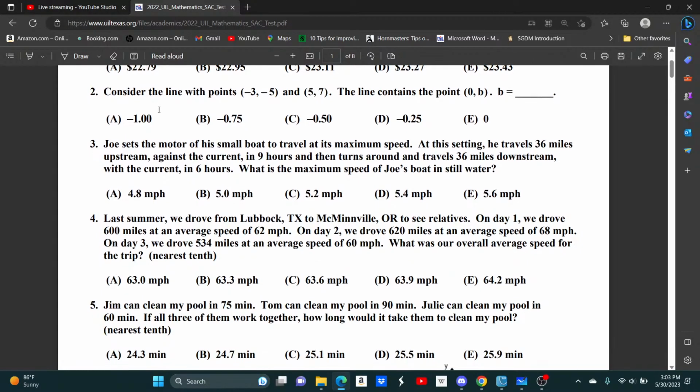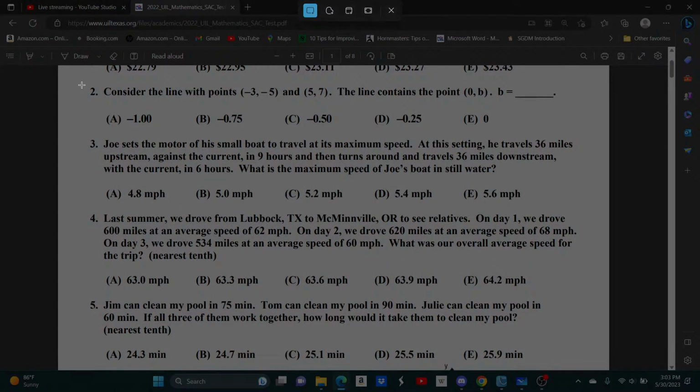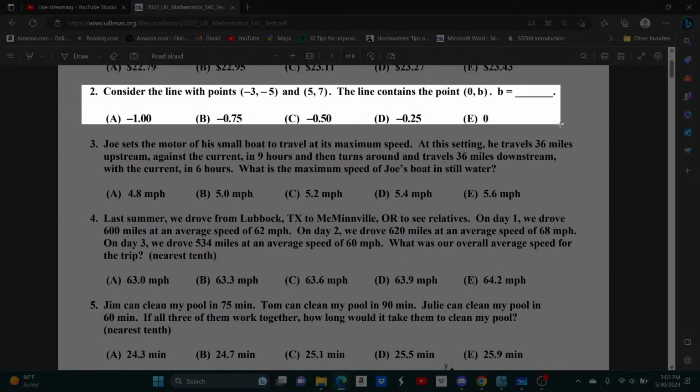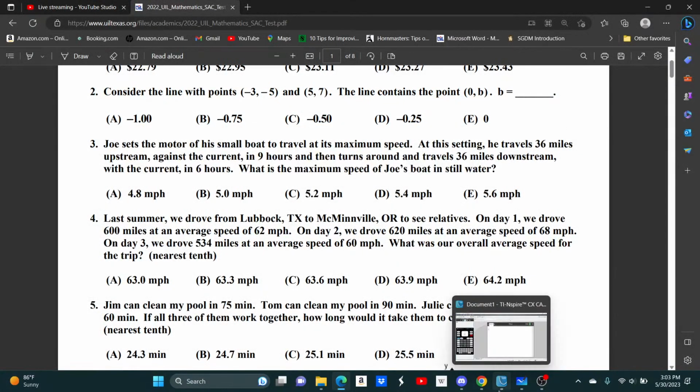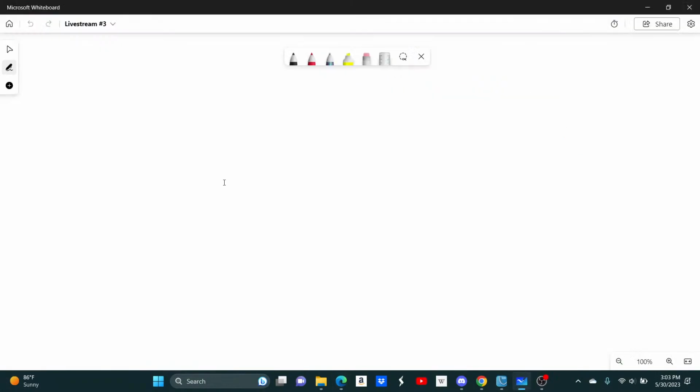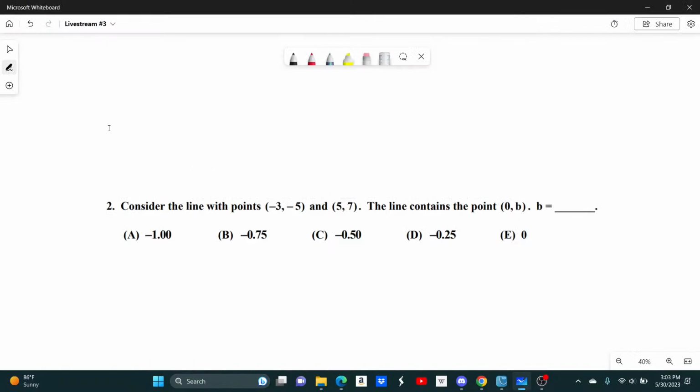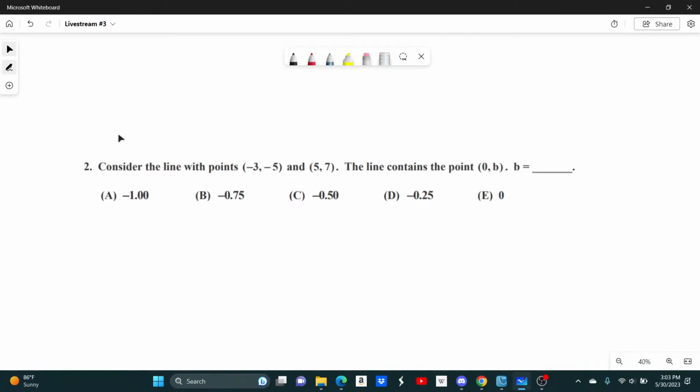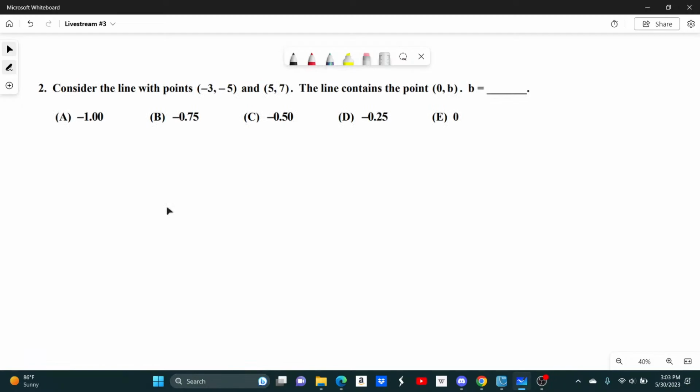The second one, consider the line with points -3, -5, and 5, 7. And it says the line contains the point 0, b. Okay. So there's two ways that come to mind on how to do this. One's probably faster than the other. One way you could do this is you could actually find the equation of this line, which to do that you would use point slope.